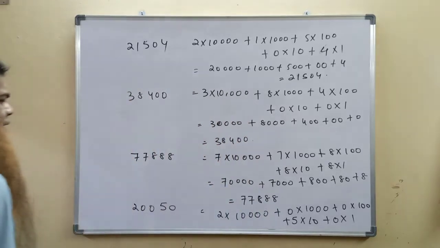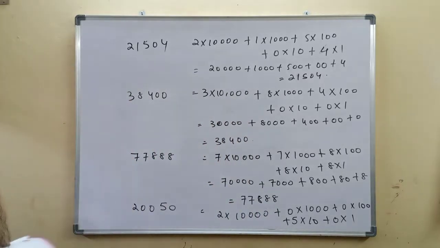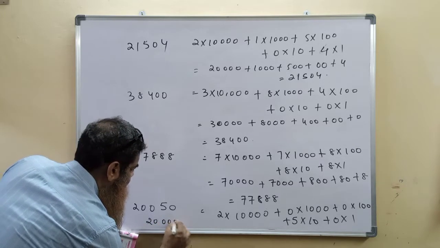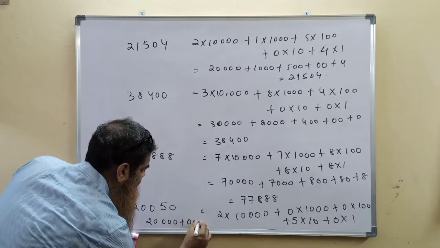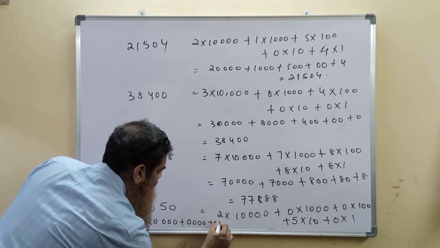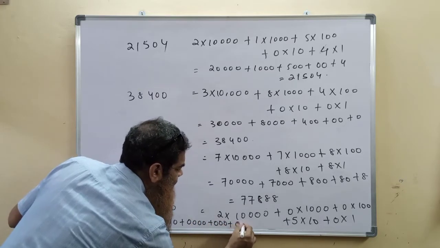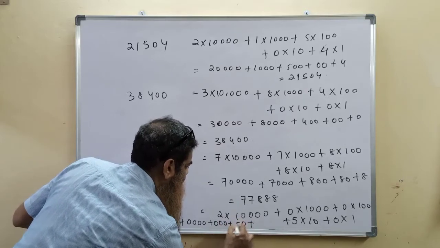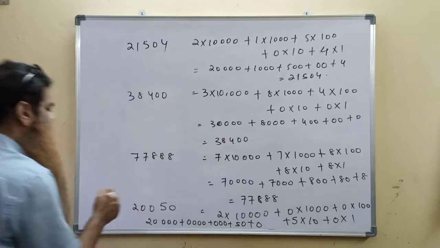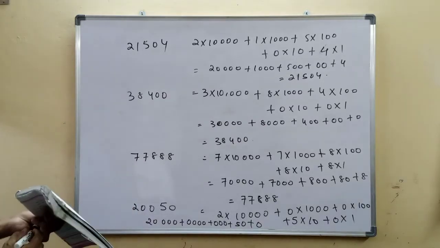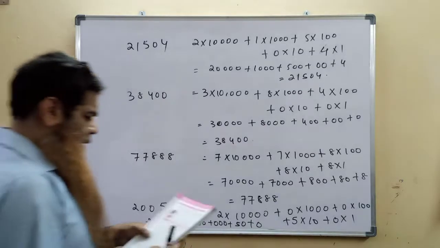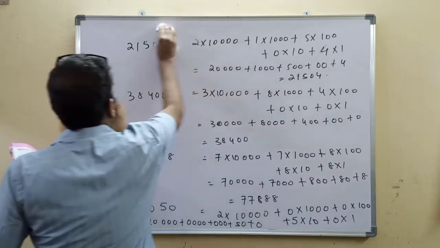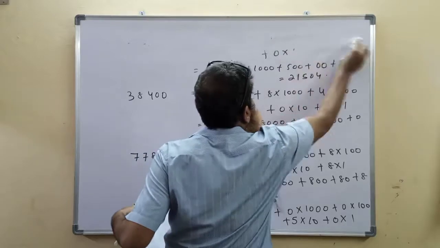So the result is 20,000 plus 0 plus 0 plus 0 plus 50 plus 0. Then the result is 20,050. And we have one more number to be expanded here, that we'll do here.